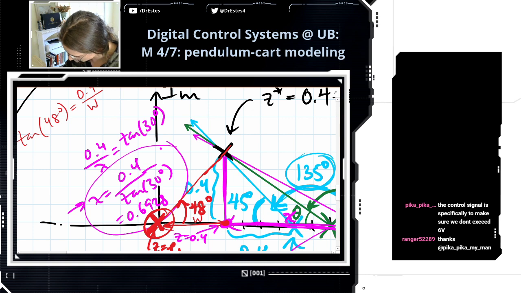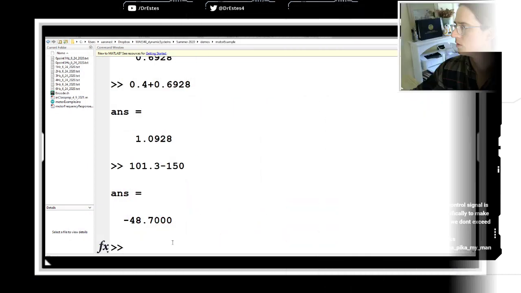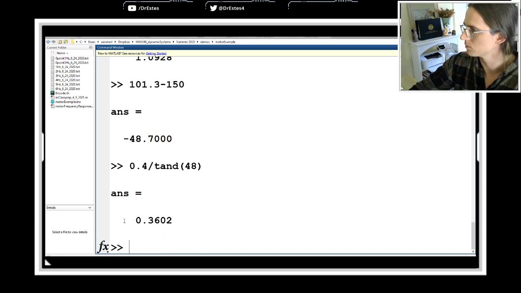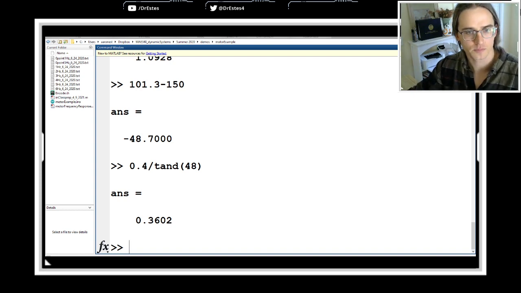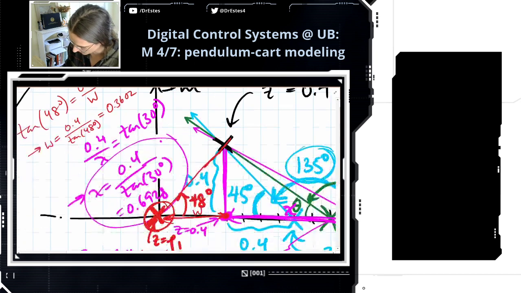So this distance here is W. So W is 0.4 over tangent of 48 degrees. 0.4 divided by tangent of 48 degrees, 0.3602. So this distance in here is 0.3602.